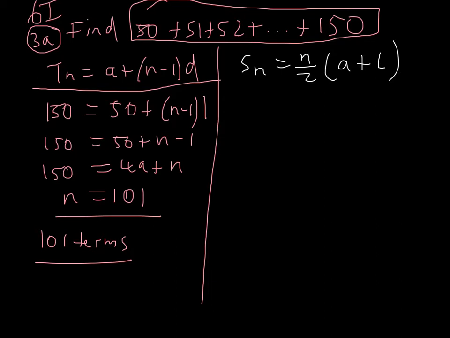So this quickly becomes S101 equals 101 on 2 outside of a, the first term is 50, plus the last term is 150.